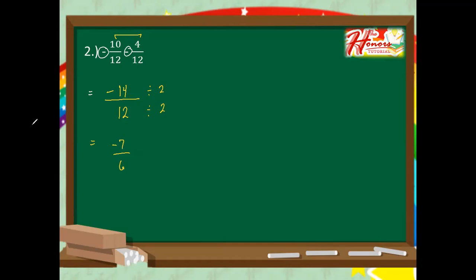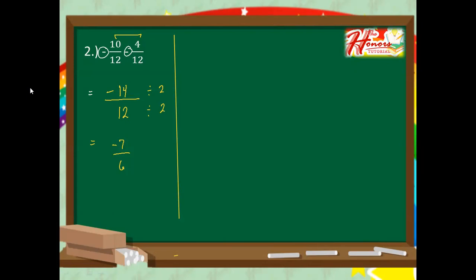It is still a no. Why? Because though there's no number that can divide the numerator and denominator at the same time without remainder, negative 7 over 6 is an improper fraction. So therefore, we should divide the numerator and denominator.